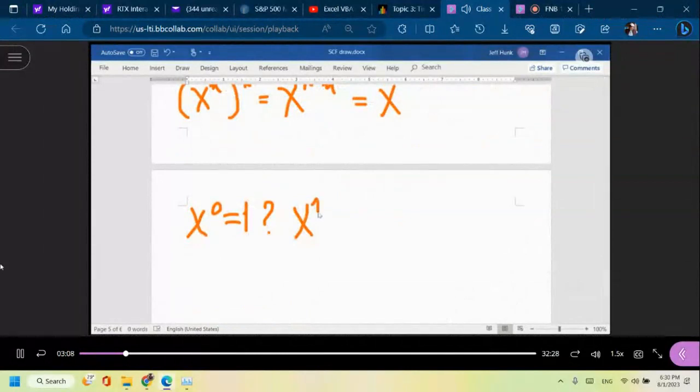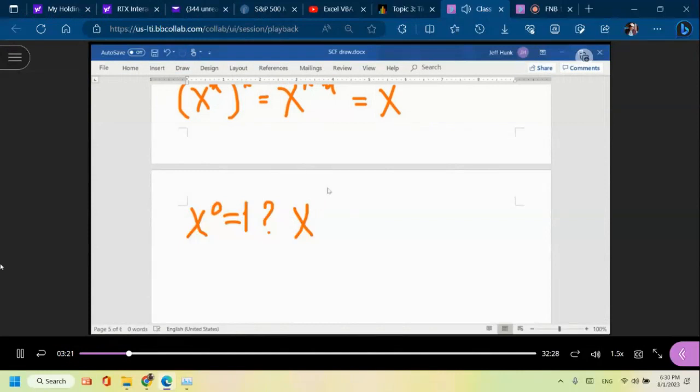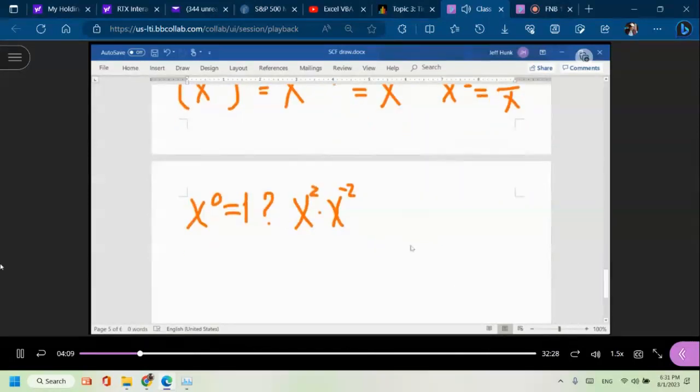Suppose you have x squared times x to the negative 2. By the way, you all know what x to the negative 1 is. It's the reciprocal, 1 over x. That means x to the negative 2 is 1 over x squared.